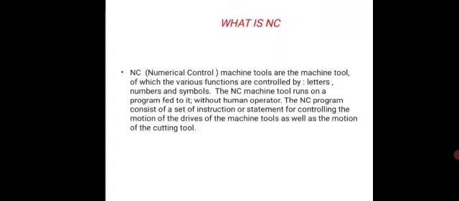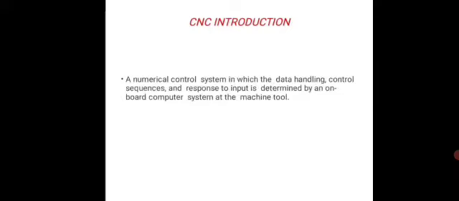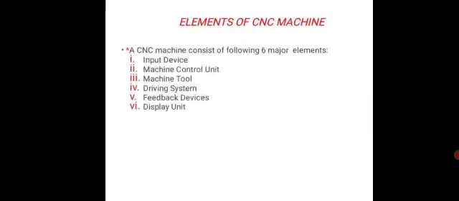the functions. CNC introduction. A numerical control system in which the data handling, control sequence and response to input is determined by an onboard computer system at the machine tool. Elements of CNC machine.